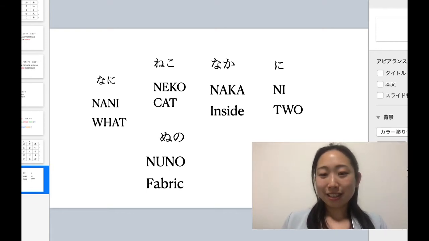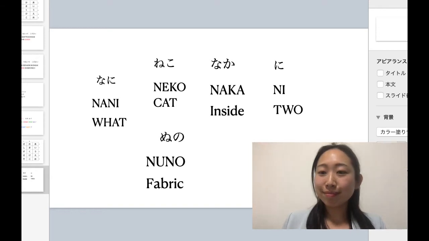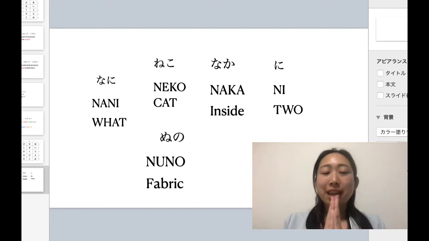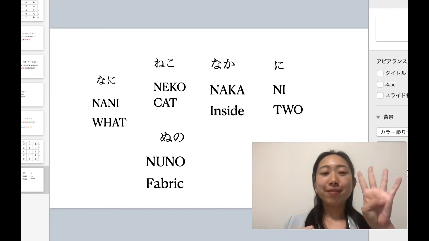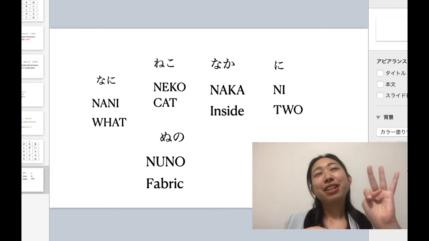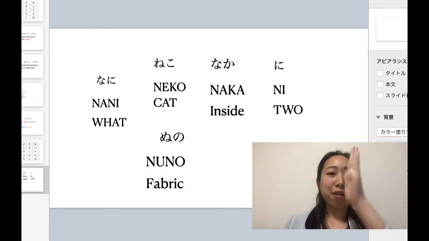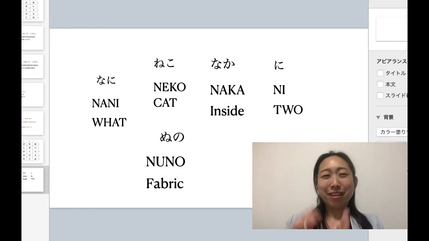Let's see if you have any questions so far. Okay, not really. Let's move on then. So we already have ka words, sa words, ta words, and na words. So we are halfway there. Half more. Let's keep it up.